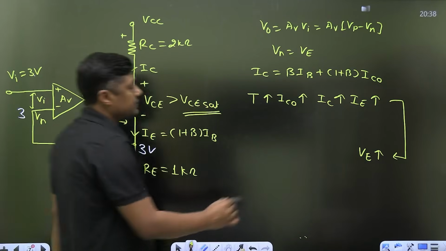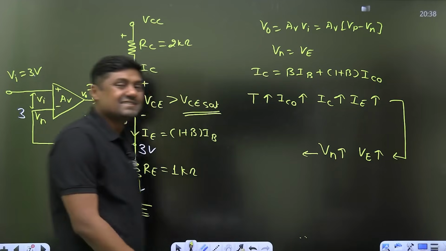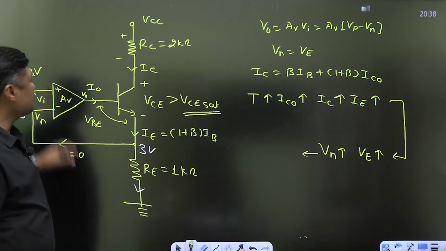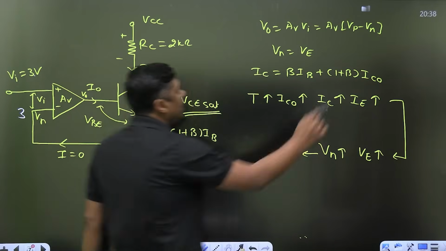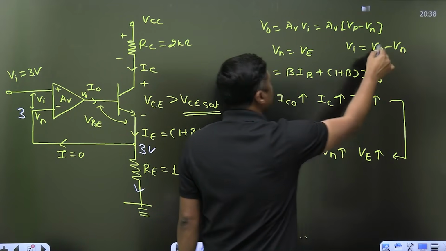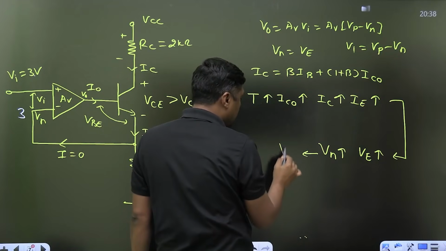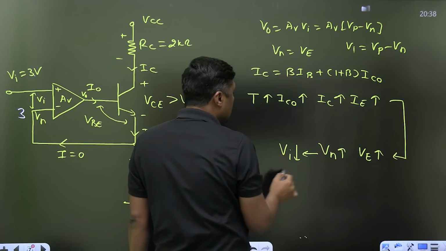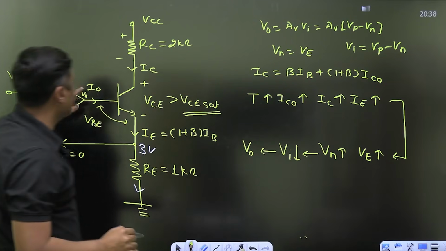VN will increase. When the VN will increase, guys, VP minus VN, what is the VI? Operational amplifier VI, what is the VI? VP minus VN. VP is a constant 3, but VN will increase, and that's why the overall VI will decrease. What is the output of the operational amplifier? V naught will decrease.